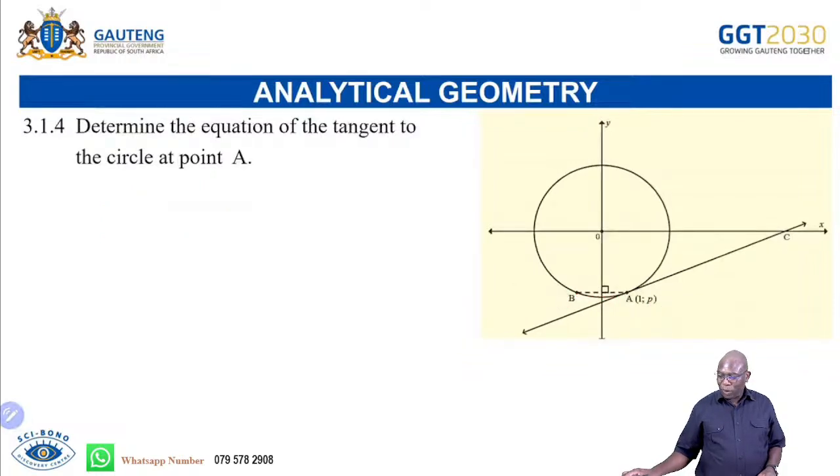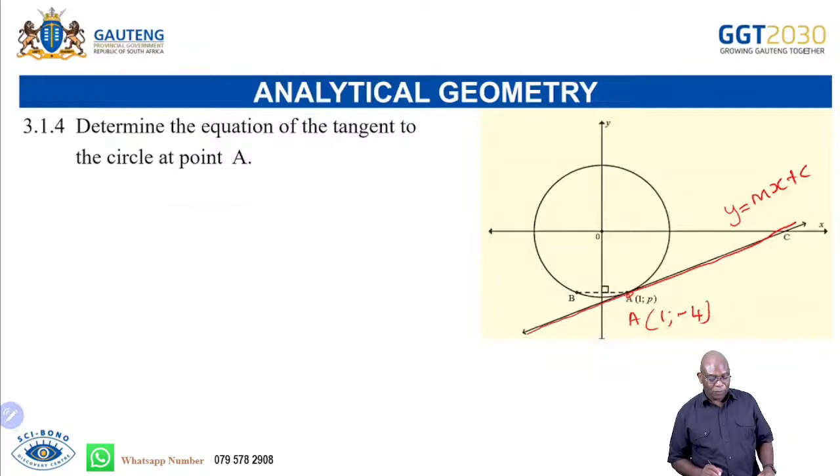Okay, 3.1.4, determine the equation of the tangent. Now we know this point here is 1 and -4. We need the equation of this line here. It's a straight line, so the equation must be given as y equals mx plus c.